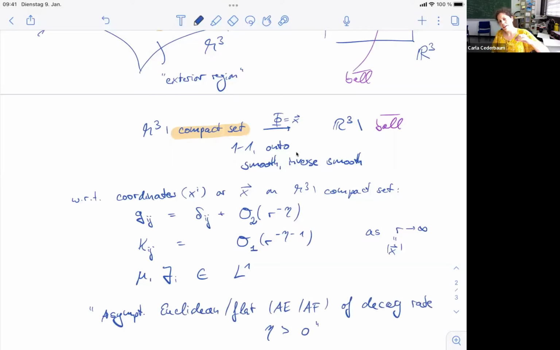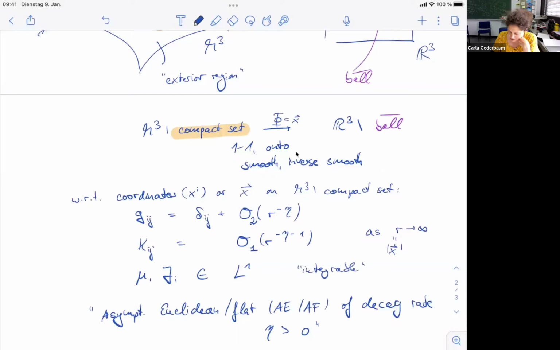Okay, so if I have these coordinates, and with respect to these coordinates the components of the metric and the second fundamental form decay as it's written there, and the energy density and the components of the momentum density are integrable in L1. As you know, for example from quantum mechanics, there you usually want L2, here we want L1. Then we call this asymptotically Euclidean.